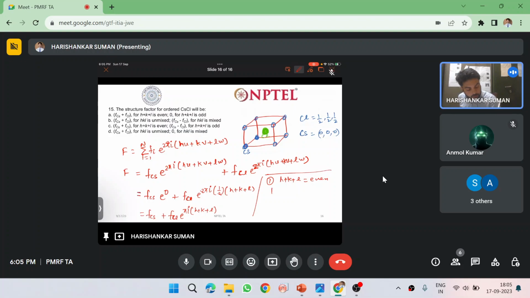After putting the values, let's say 2, it is Cs plus Cl. Second, for odd, put this value, minus.